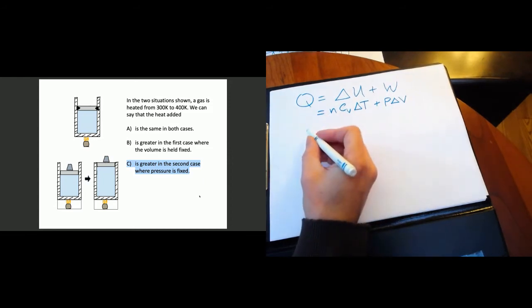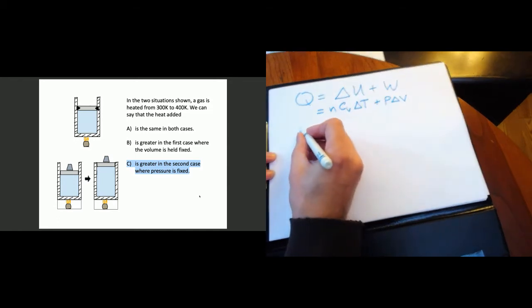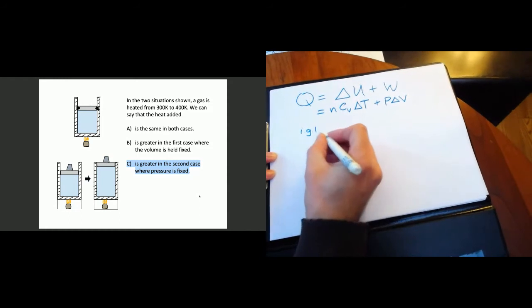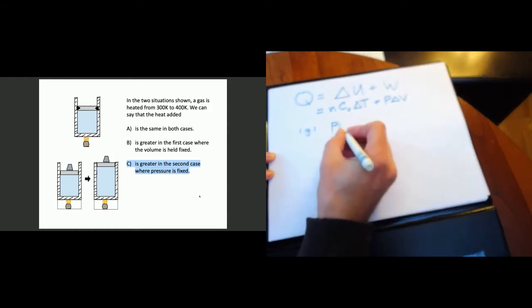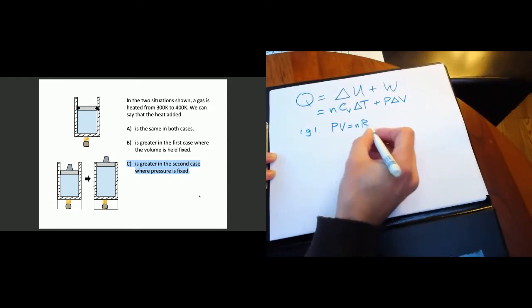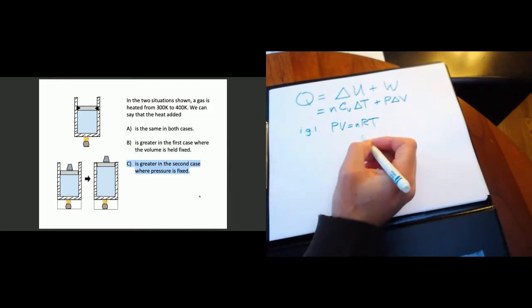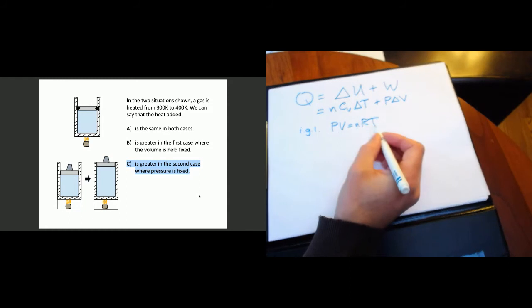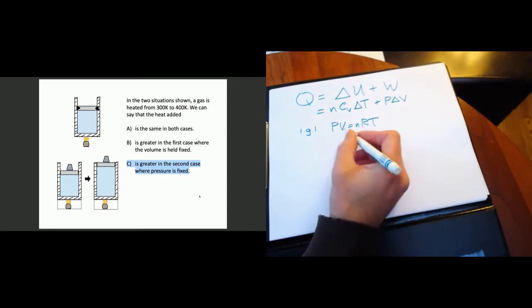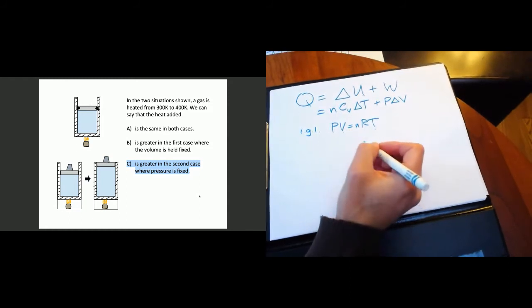What we're going to do is now rewrite the second term in terms of the change in temperature. Okay, so our ideal gas law says that PV equals nRT. And now if we have constant pressure, then the only things in this equation that would change in our process would be the volume and the temperature.